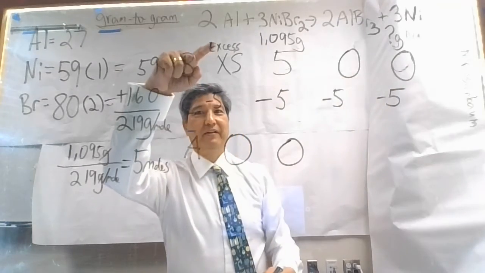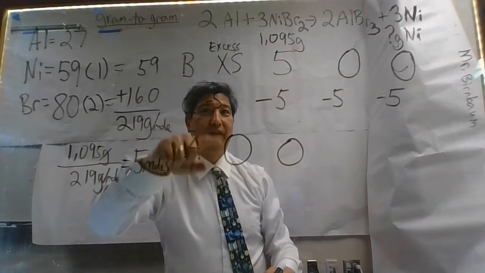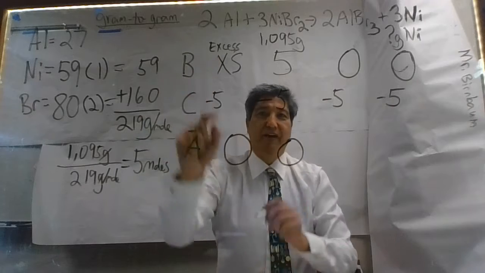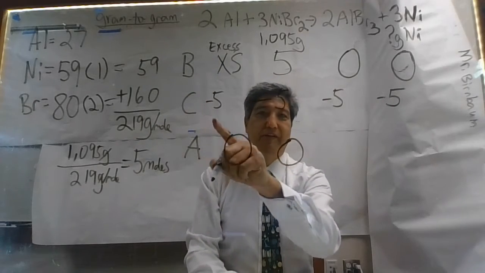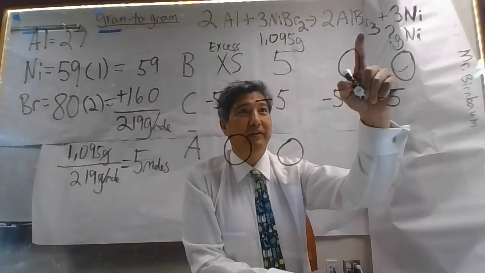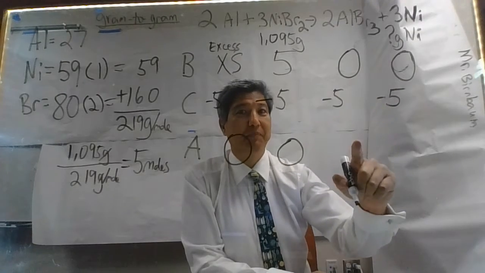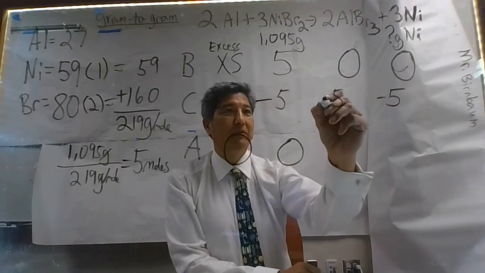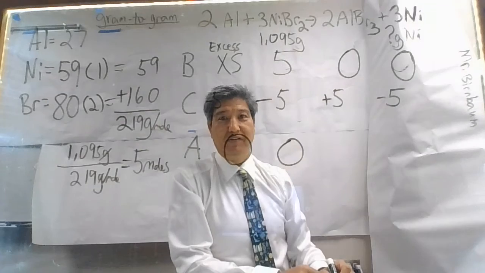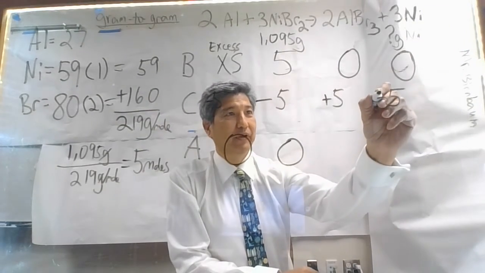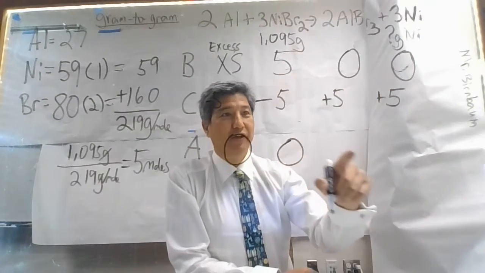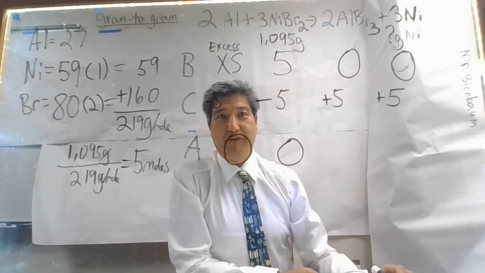Now my excess, I'm going to end up with nothing, so I'm going to be losing 5, so I'm going to have a minus sign here. My products, I'm going to be gaining, so I'm going to be adding some. That will also be adding. So I'm going to have some positive number down here.